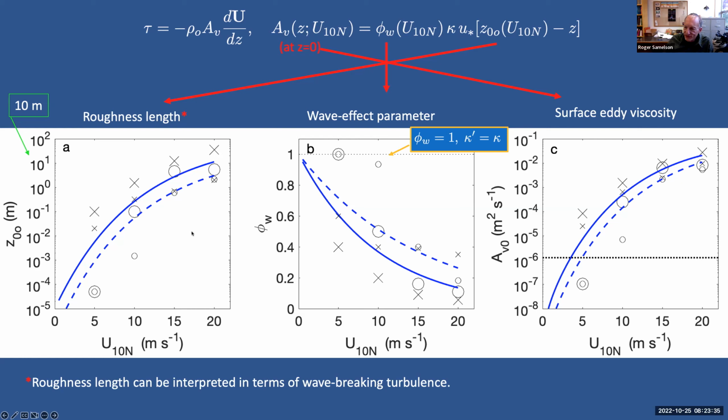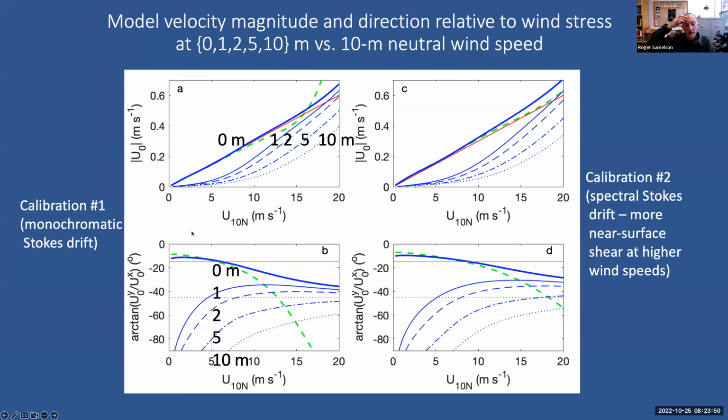So there's a viscous sublayer implied. The molecular viscosity is the dashed line there on the right, and the black dashed or dotted line, all the way up to values of order 10 to the minus 2 meters squared per second or so for the higher wind speeds. So what then do the drift velocity profiles look like when you put these parameters into the model?